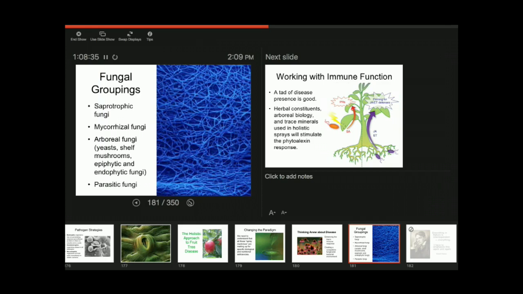In the fungal realm, there's different corners of the fungal kingdom. So we've talked about the saprotrophic fungi that decompose organic matter. That's really, really important. That's where nutrients come from. We've talked about the mycorrhizal fungi. Tomorrow I'm going to talk more specifically about arboreal biology.